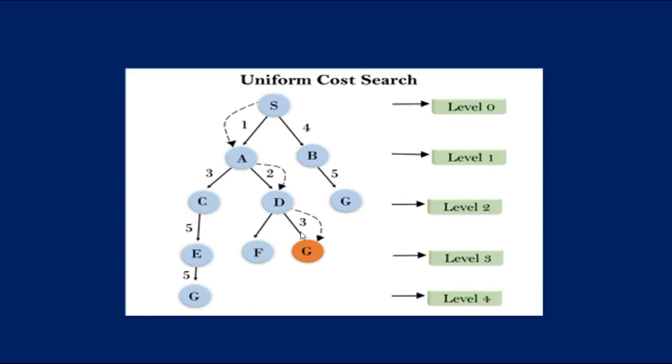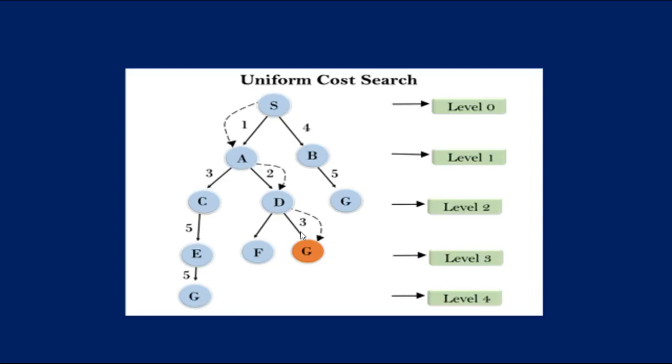That is 1. After reaching A, the child nodes of A are C and D. Comparing these two, 3 and 2, D is comparatively less, so it traverses the 2. That is D. Then D's child nodes are F and G. G is our goal node.